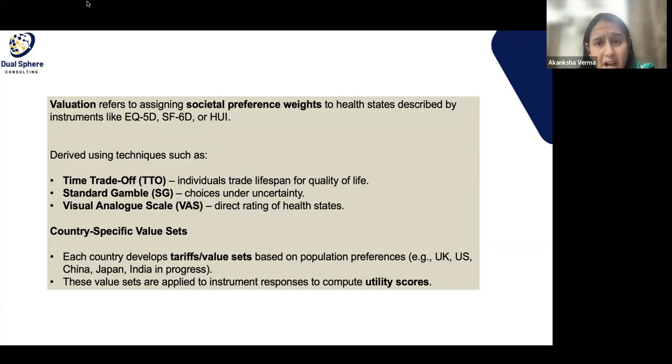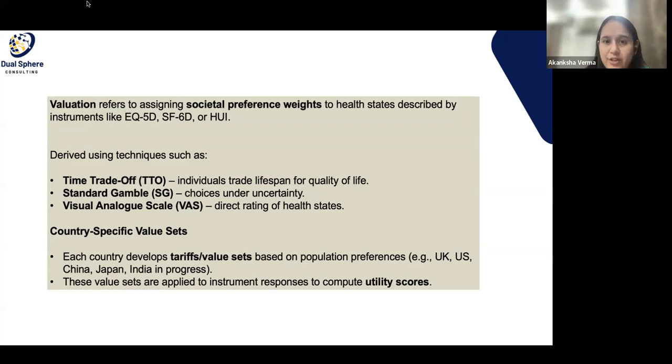So you might ask what societal preference weights are.